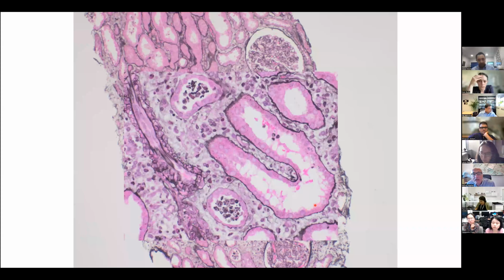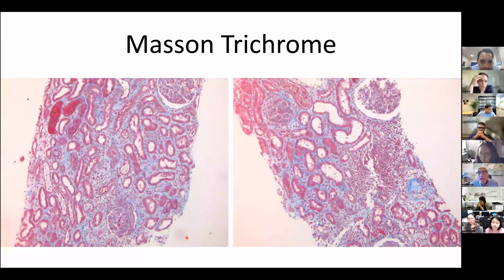These are becoming cuboidal flattened cells. So we have acute tubular injury in these tubules, and some of them contain casts. These casts are not quite packed, more cellular, but what kind of cells are in there? We will look at them closer.